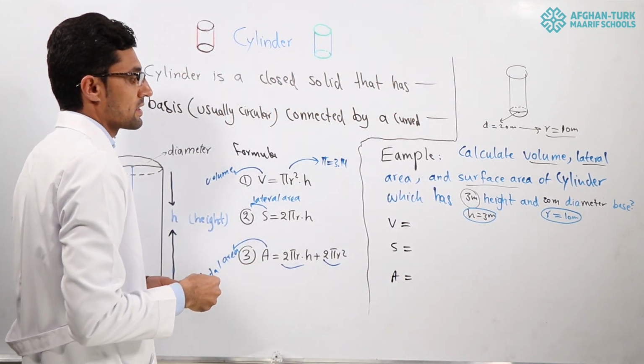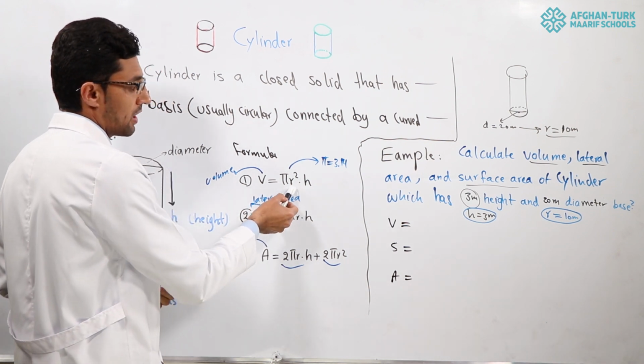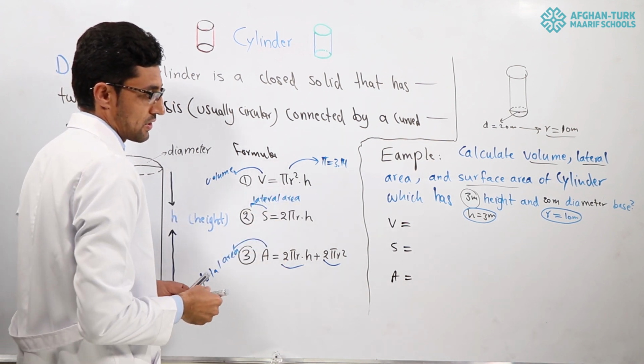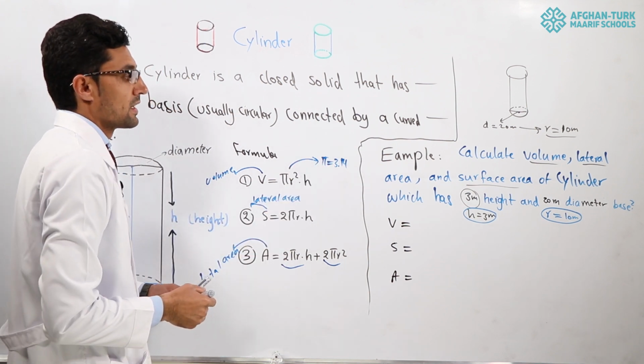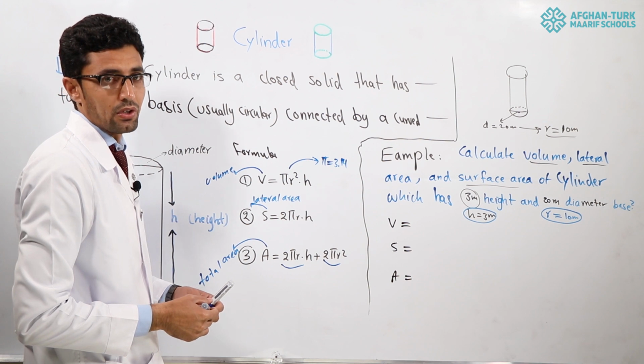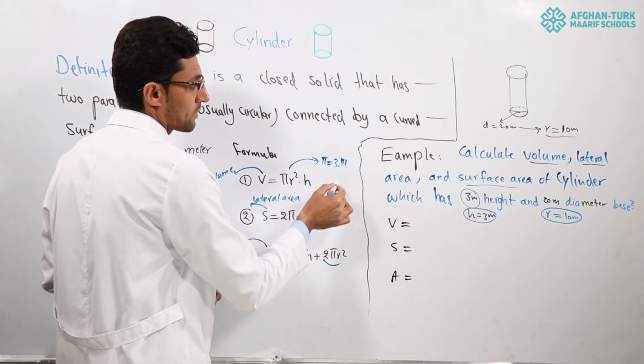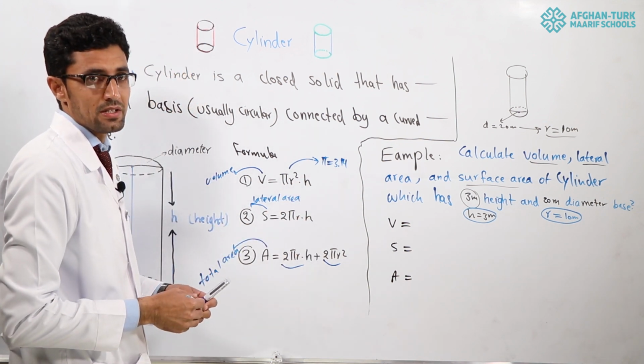Let's start to use the formulas. V is equal to pi r to the power of 2 multiplied by h. Remember that pi is 3.14, which you studied in the numbers chapter.